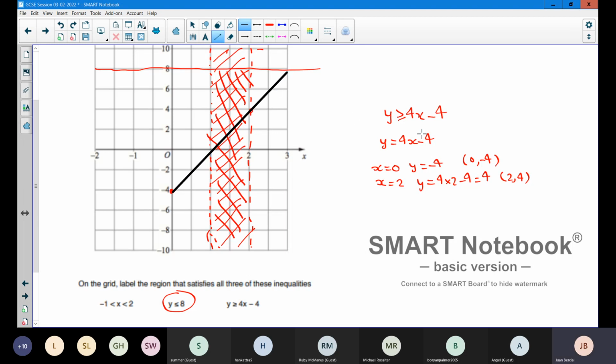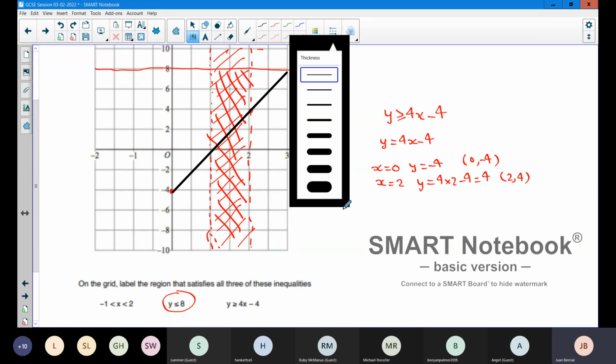And as before, you can see y has got to be greater than 4x minus 4. So do I shade underneath or do I shade at the top? Well, because y is greater than, it is going to be that bit there. But as usual, just to make sure, we take (0, 0).